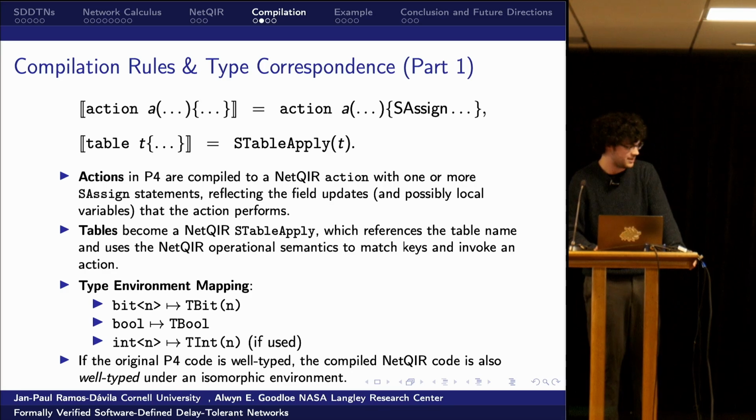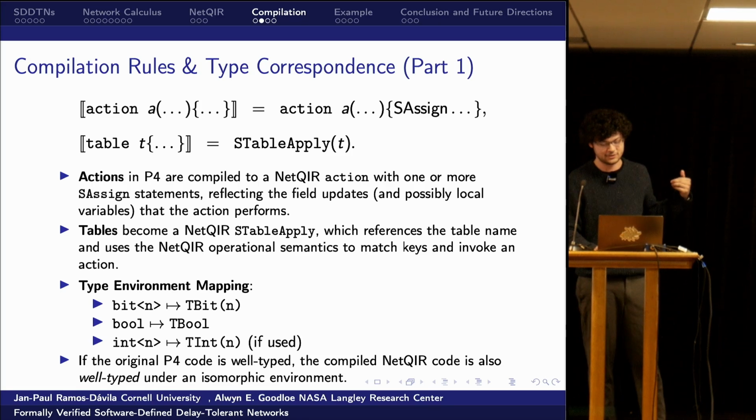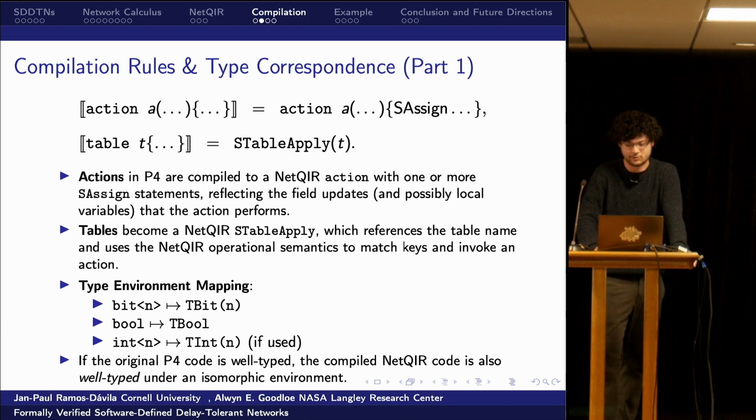And here we have a couple of things. We have an action. For this action, the compiler extracts each assignment from the P4 body and converts it into one of NetQIR's assignment statements. For example, for parameter types like bit 32, this becomes T-bit of 32 in NetQIR. And all these statements are wrapped into a NetQIR action block with the same name, in this case the name A, since that's what we have here for an action A.